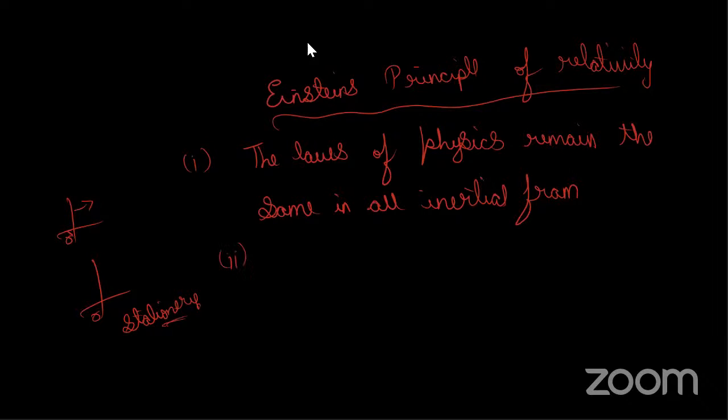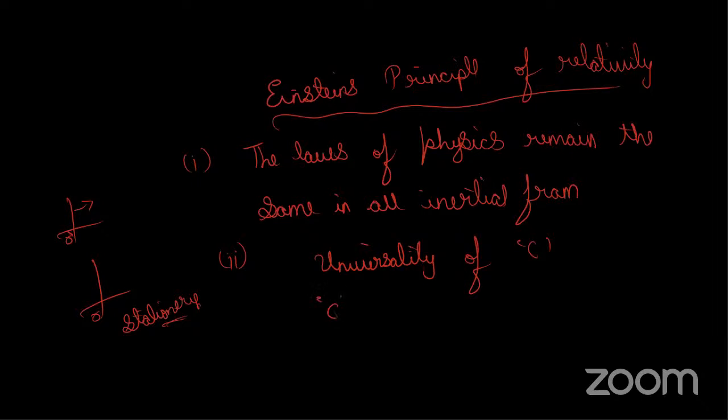In his second postulate, he said that the speed of light in vacuum is the same for all observers in all inertial frames. That is the universality of the speed of light. Let me call it c.